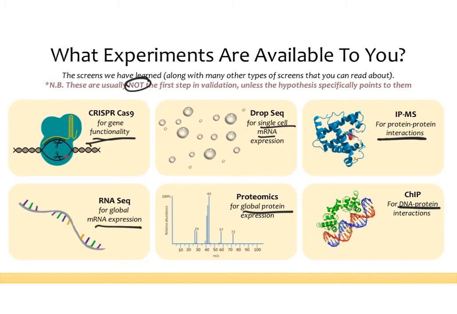And unless the hypothesis specifically points to them or says that this is the best way to do this, this is probably not going to be your first step. But you should know that all of these are available as your hypothesis develops, and if they become necessary or seem like the best step, they're definitely a good idea to do and can lend a lot of power to your analysis.